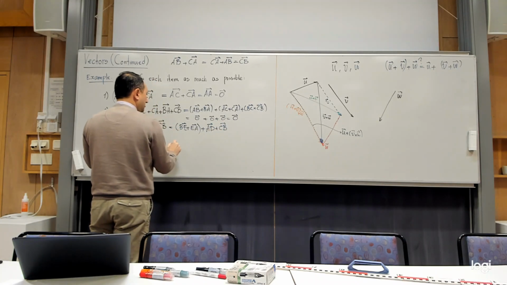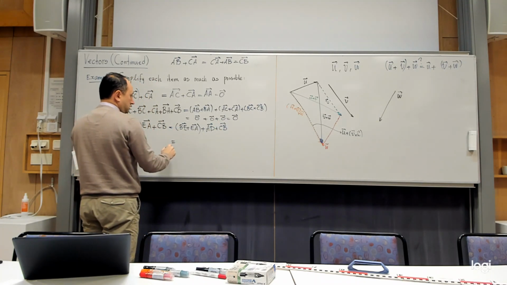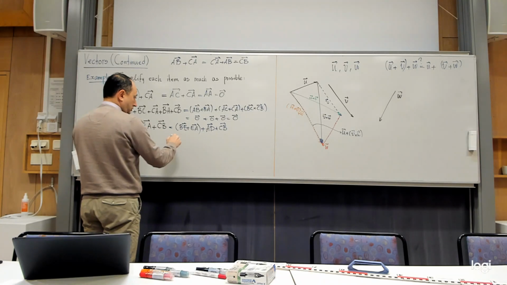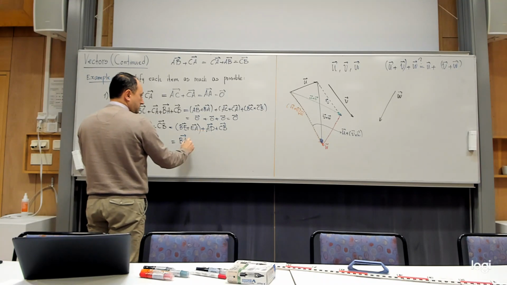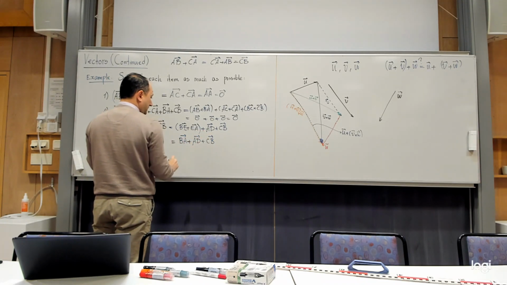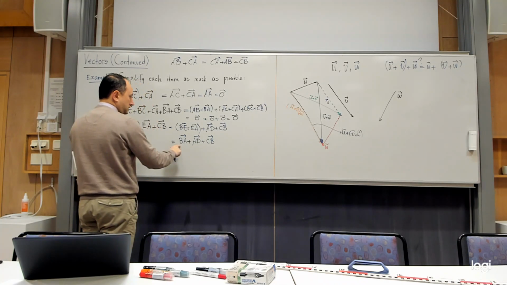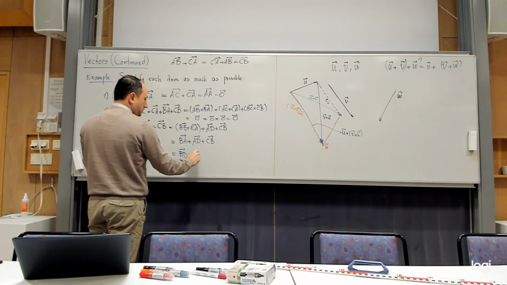Then BA plus AD, and then plus CB. And BA plus AD becomes BD. BD plus CB.